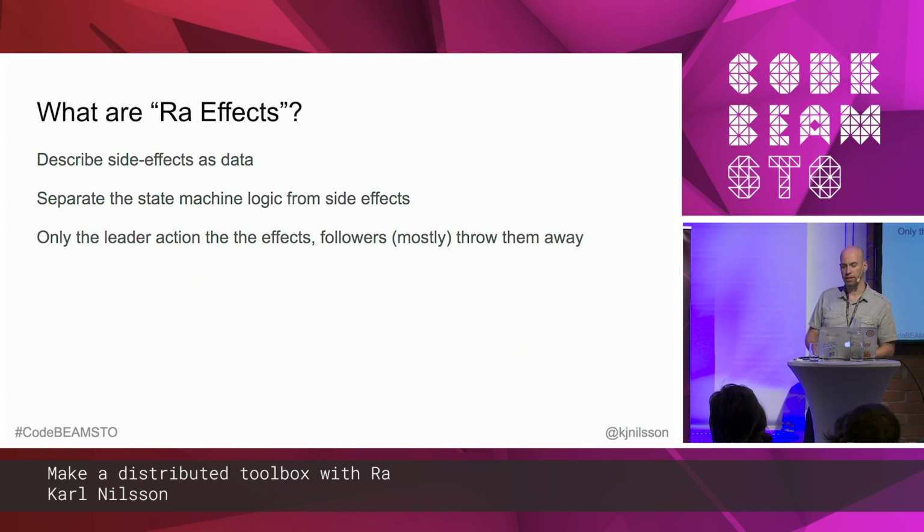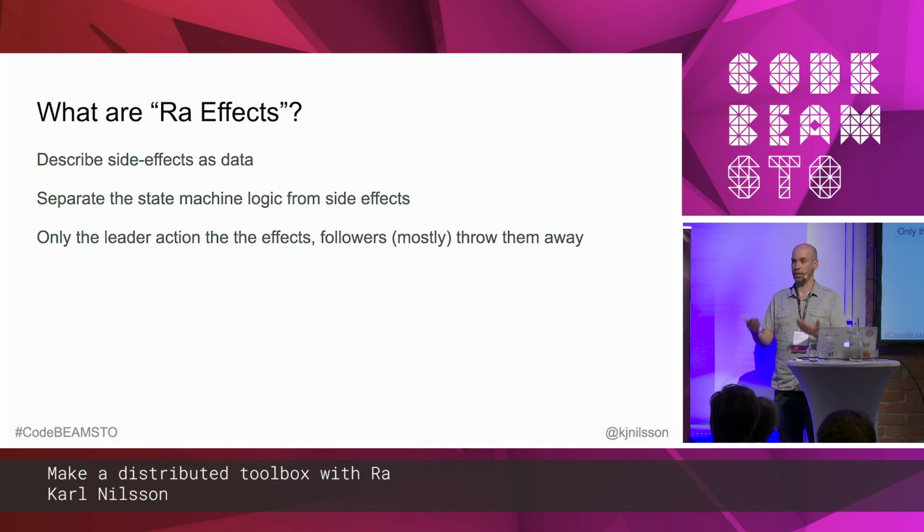So one way we can control the effects is that only the leader that runs the state machine actually actions them, and all the followers just ignore the effects that are returned as data, right? So that's one way that RA handles that.